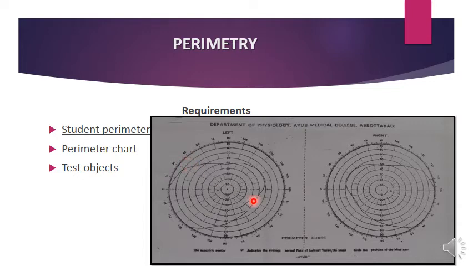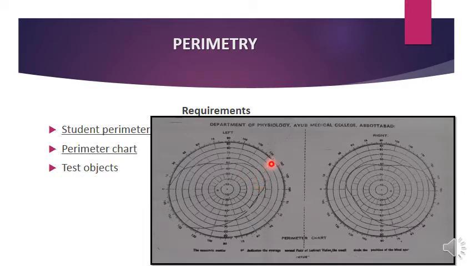The second type is written in vertical fashion starting from here: 10, 20, 30, 40 and so on. These readings represent the angles formed between the test object and visual axis at various meridians.